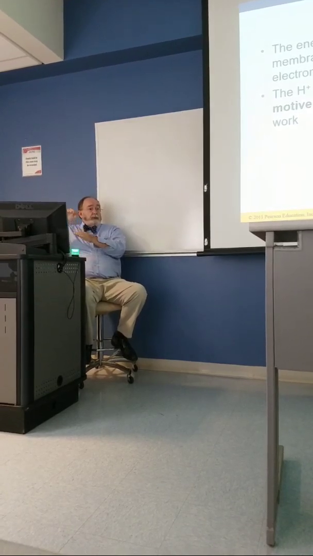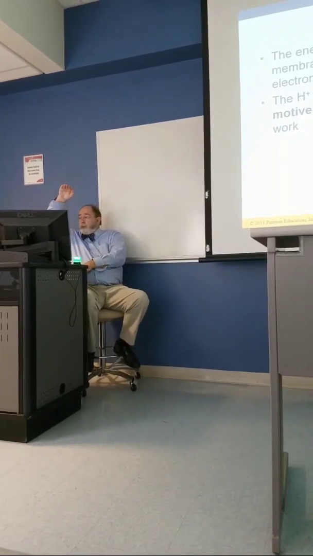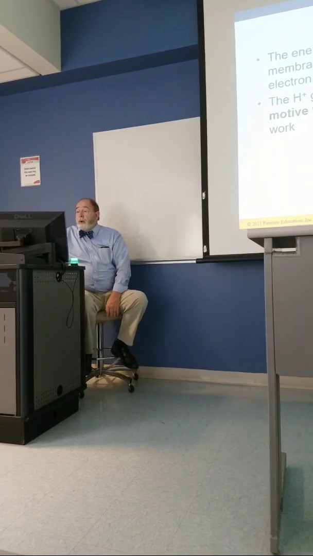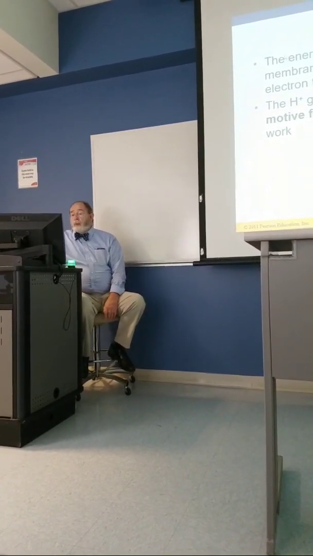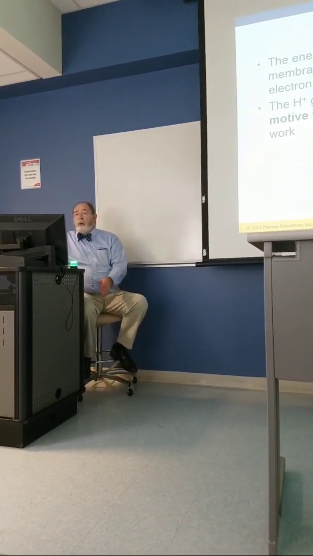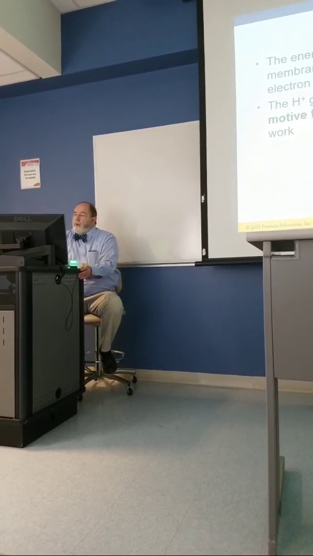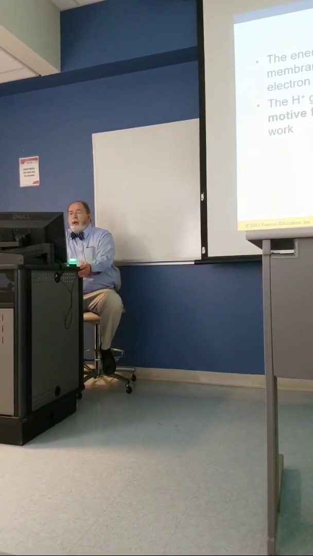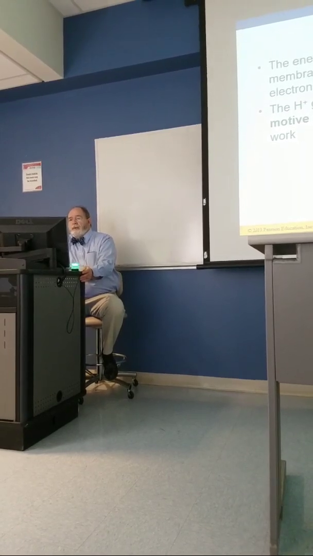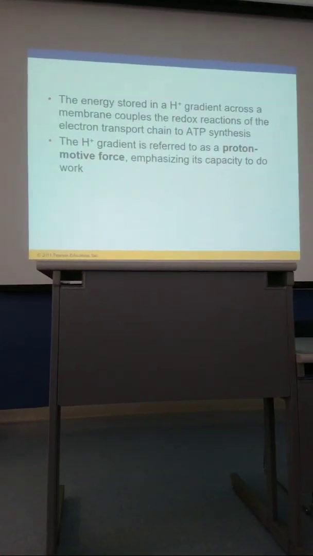The gradient is how much of a separation there is between the charges in strength. So if we read this, it says the energy stored in the hydrogen proton gradient across the membrane couples the redox reactions of the electron transport chain to ATP synthesis.